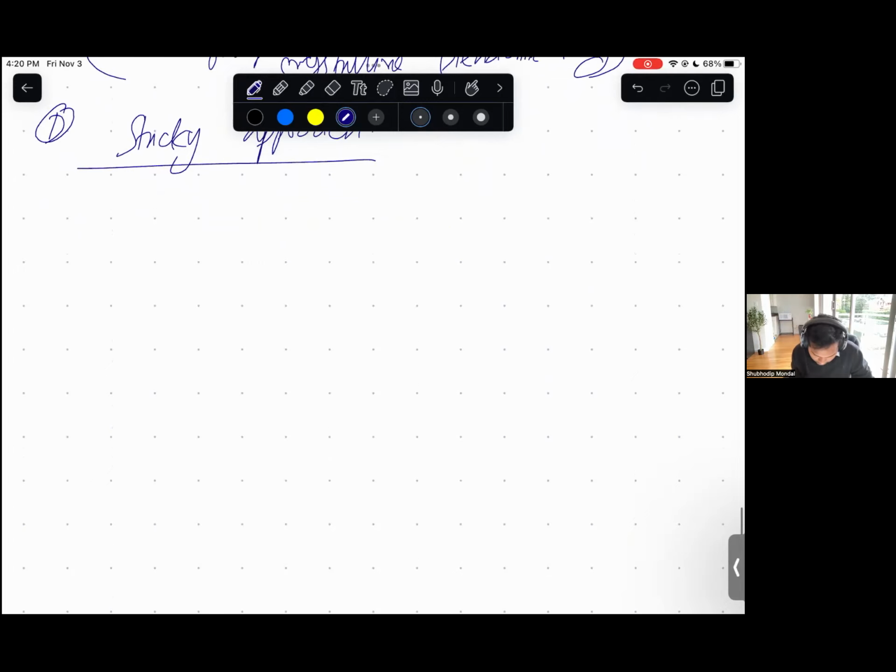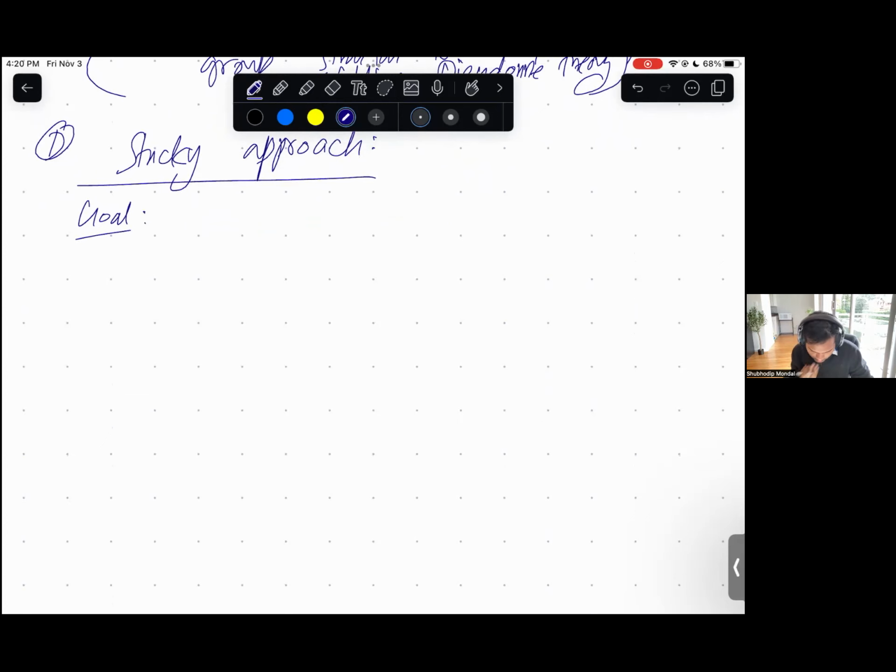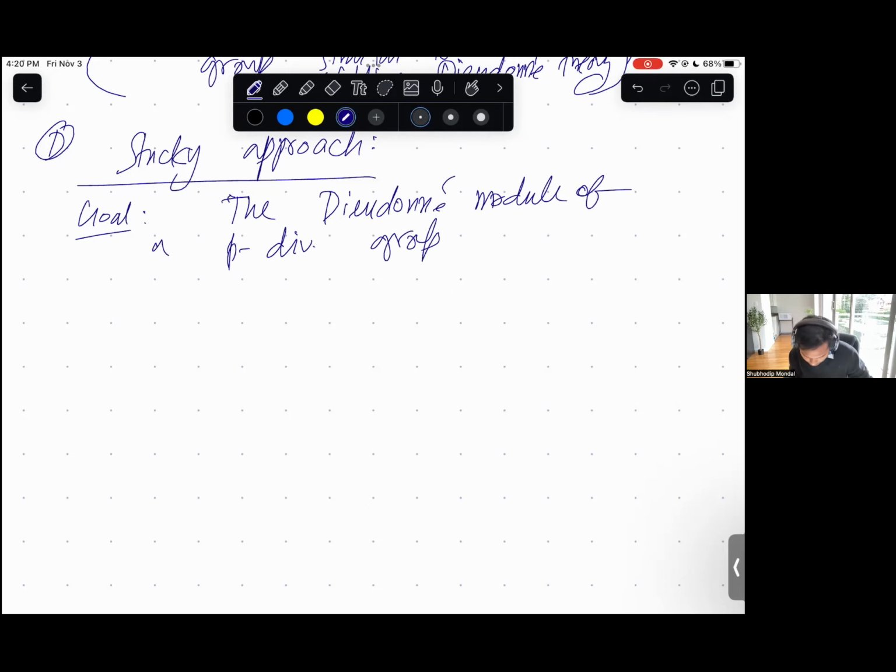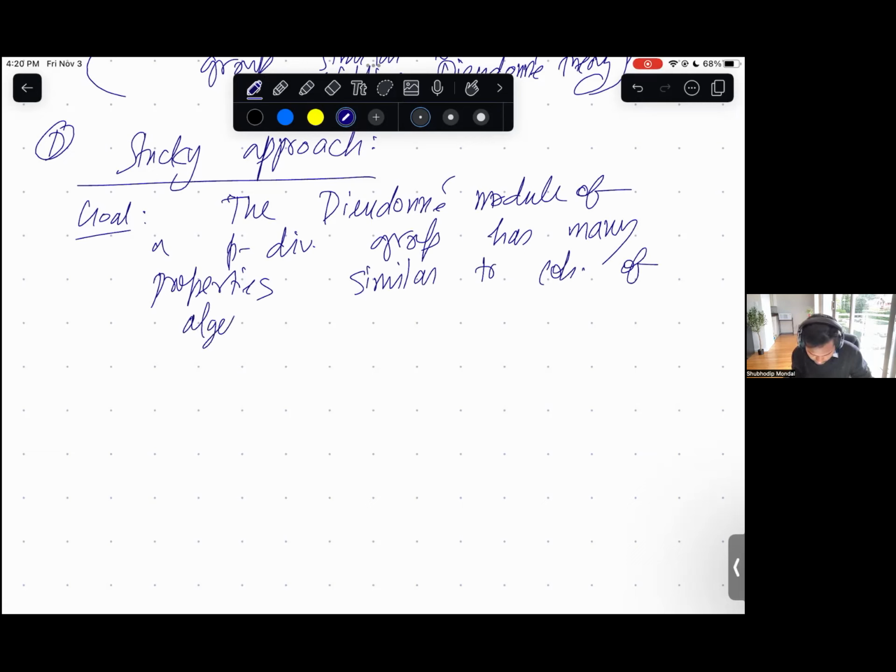The goal is that what one sees is that the Dieudonne module of a p-divisible group has many properties which are very similar to the cohomology of, let's say, algebraic varieties.